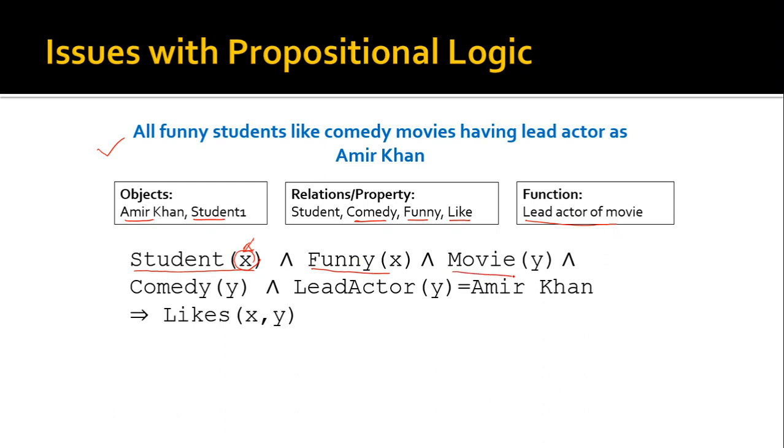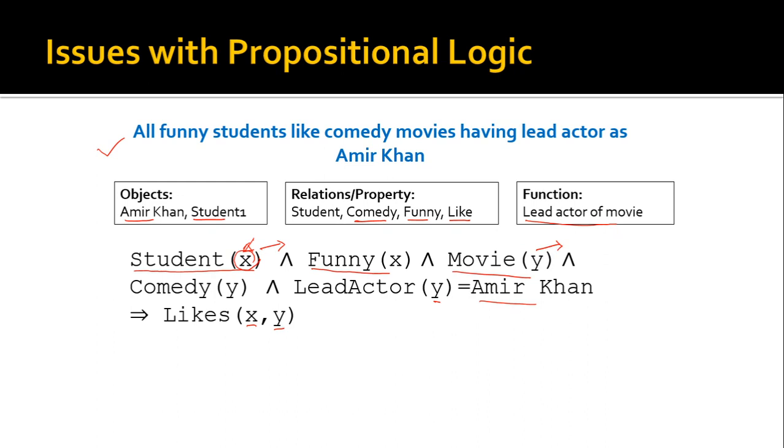By movie y, I am asserting that y is a movie, and similarly, y is a comedy. We are also saying that the lead actor of y is Amir Khan. So if all these conditions are satisfied, then we say that x likes y, right? And what is our x? X is a student and y is a movie.